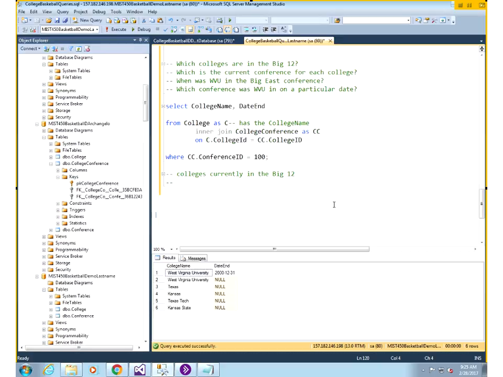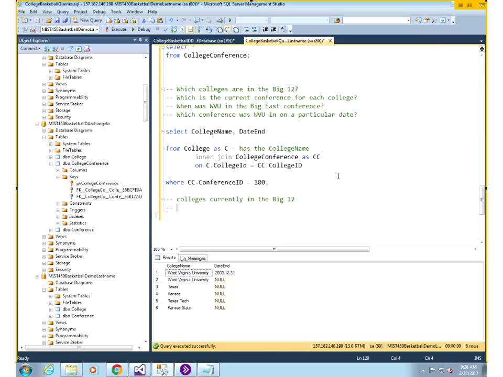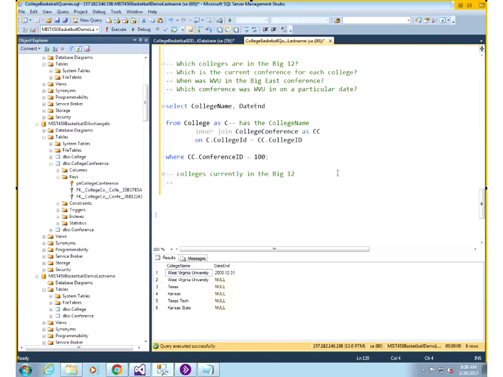The second issue: who was it who said you included the third table as well? Okay, why did you include it? If somebody's looking at this, not knowing the conference ID they need, they're going to type in Big 12. So, Chris, how did you find out that Big 12 was 100?